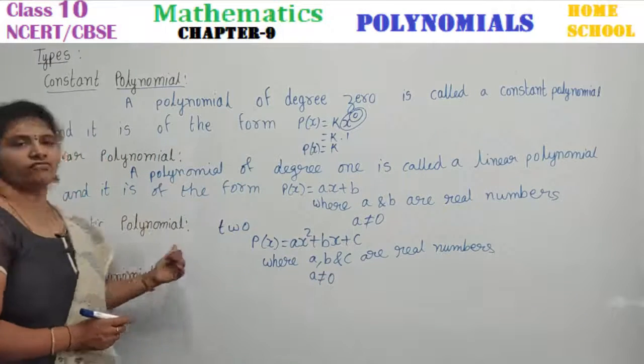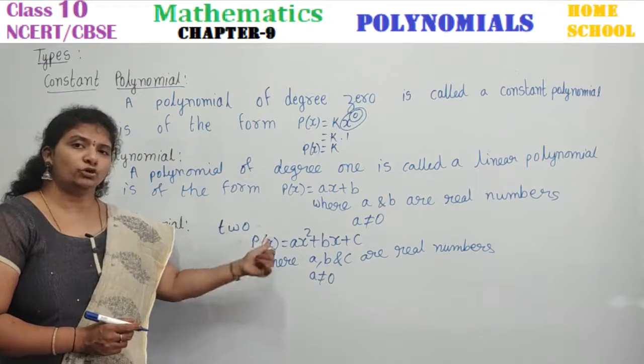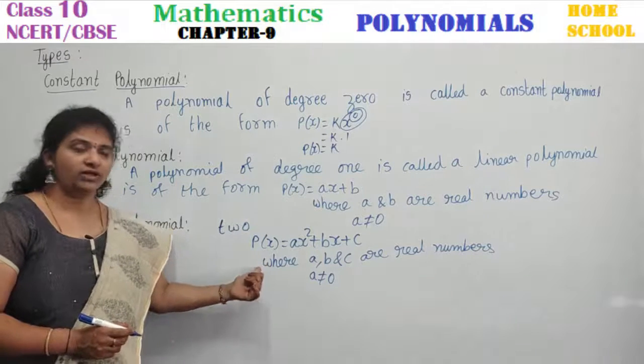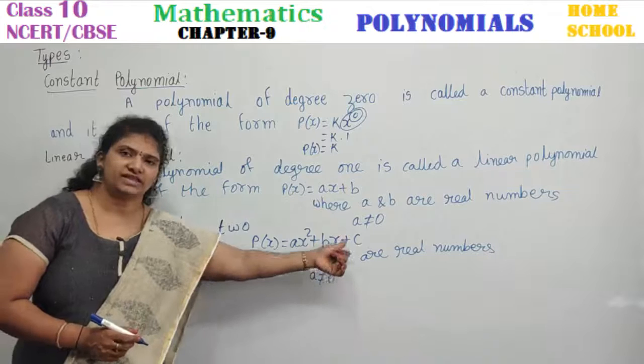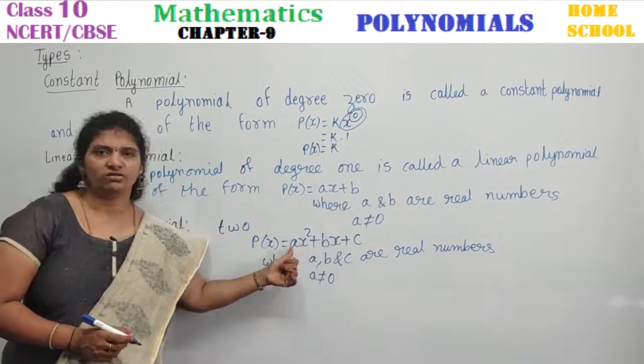Once again, look here carefully. A polynomial having its degree 2. Degree 2 means highest power is 2 and it is in the form of ax square plus bx plus c, where a, b, c are real numbers and a cannot be equal to 0.